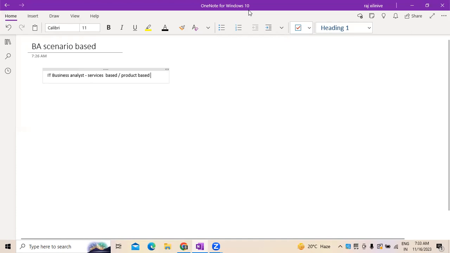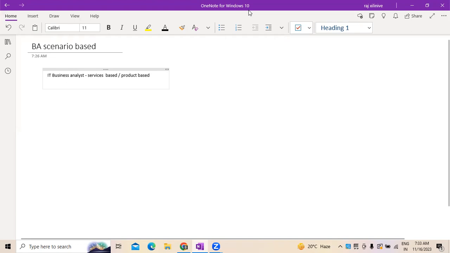This is where product-based companies generally work. So job opportunities for the IT business analyst, a generic BA role, consist of service-based and product-based. This is point number one.